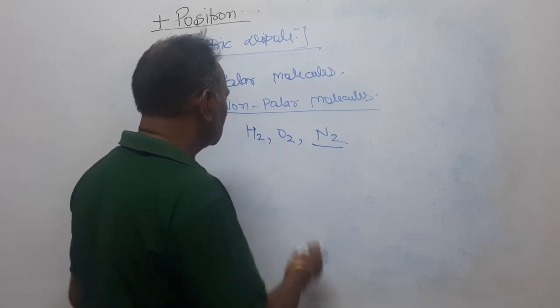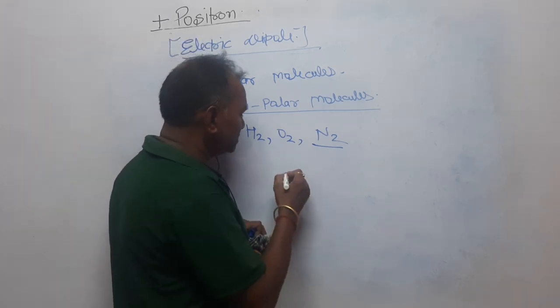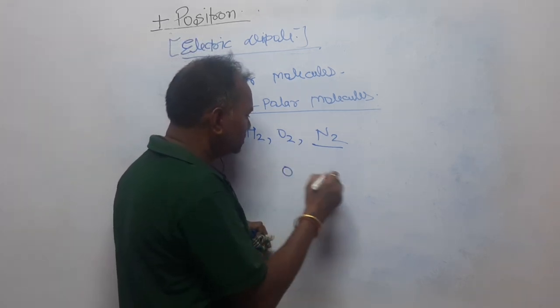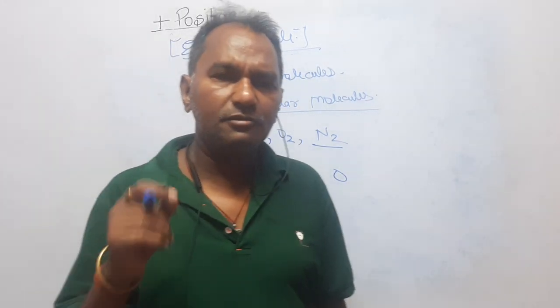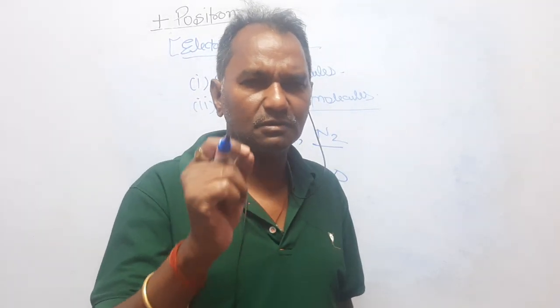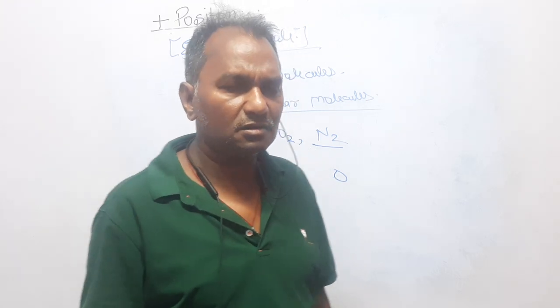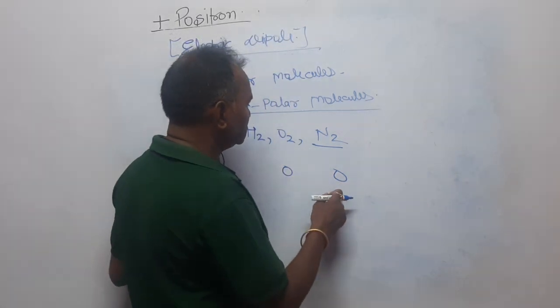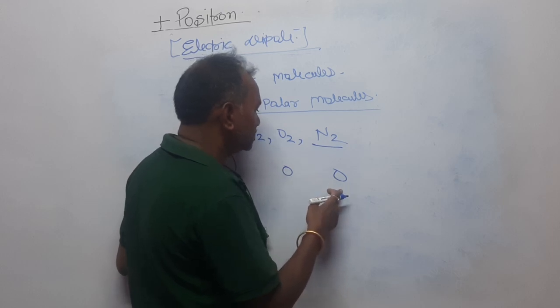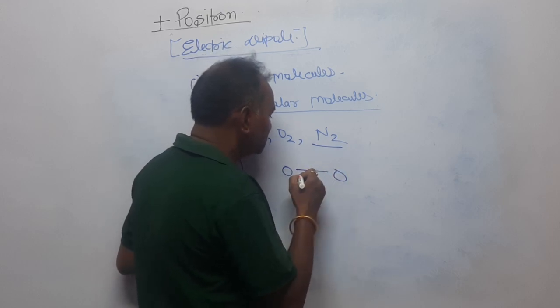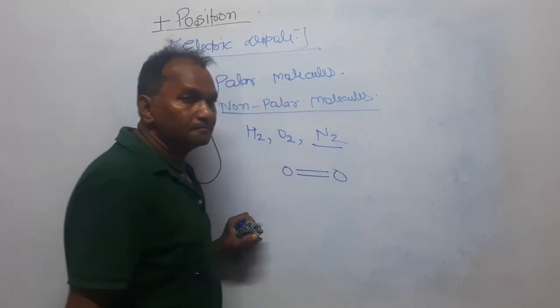Now, dear students, if you consider oxygen, its electronic configuration is 2,6, so it lacks 2 electrons. The two oxygen atoms in the oxygen molecule will share 2 electrons each, and that is why there is a double bond between them.